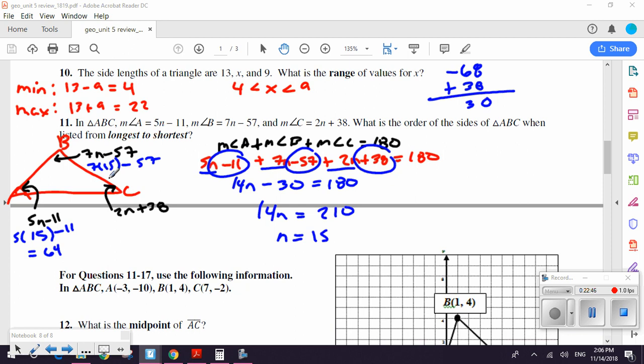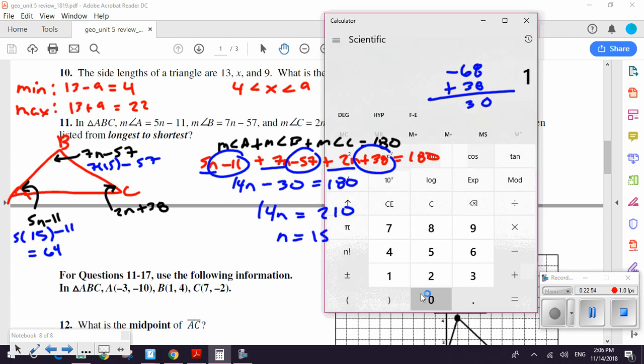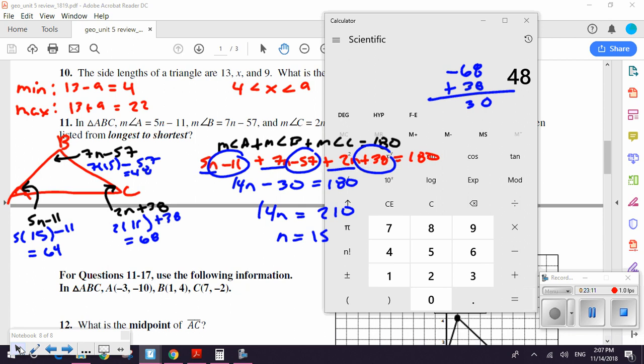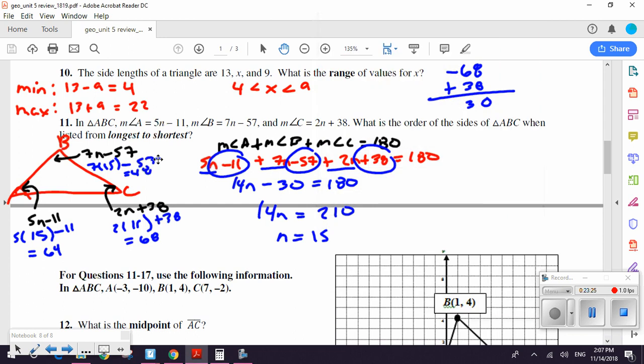So 105 minus 57 is 48. And then 2 times 15 plus 38 is 68. Double check to make sure our mathematics was right. So 64 plus 68 plus 48 should equal 180. Great, it does.